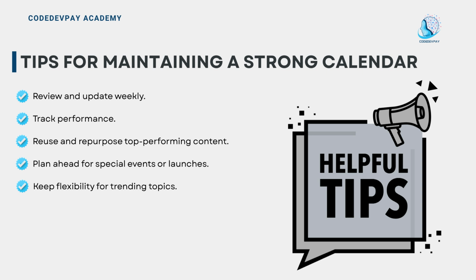That will guide you to make your next decision. Based on the performance, you can reuse and repurpose the top performing content for the week and also plan ahead for special events or launches and keep flexibility for trending topics.